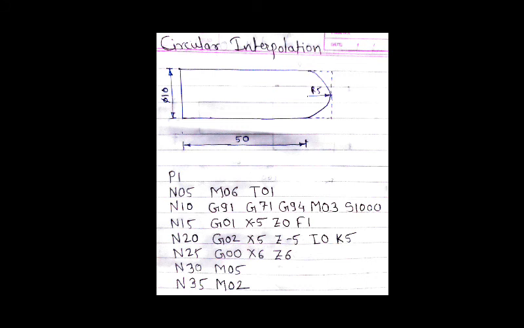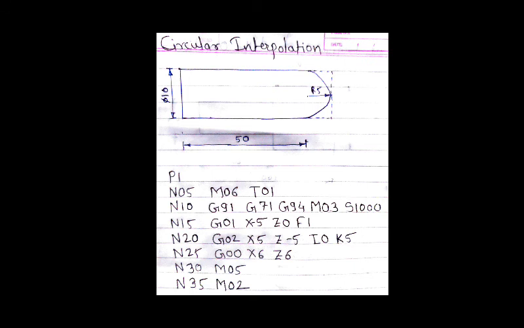So let us see the codes. M06 for tool change, T is for our current tool, G91 for the incremental programming system, G71 for stock removal in turning, G94 for feed per minute, M03 for spindle clockwise direction, S is spindle speed 1000 rpm.